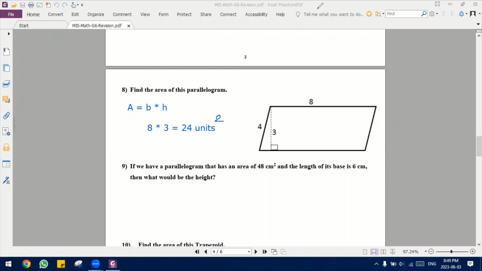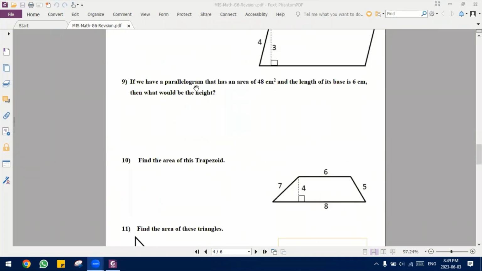Question number 9. If we have a parallelogram that has an area of 48 centimeters square and the length of its base is 6 centimeter, then what would be the height? Okay, they said parallelogram, area is given, so I go and write the formula of the area.